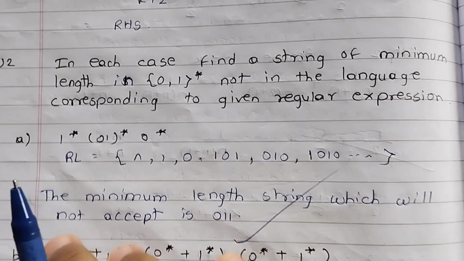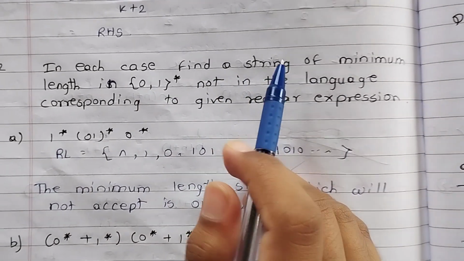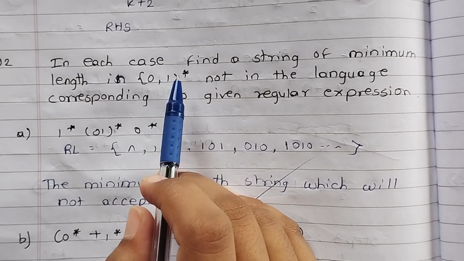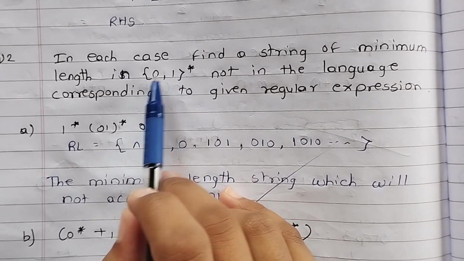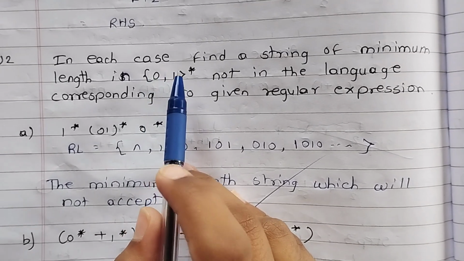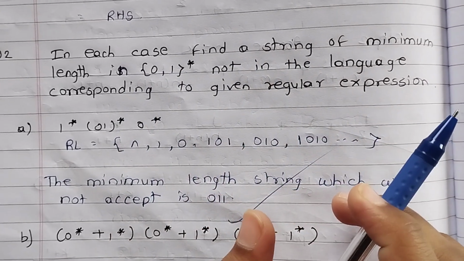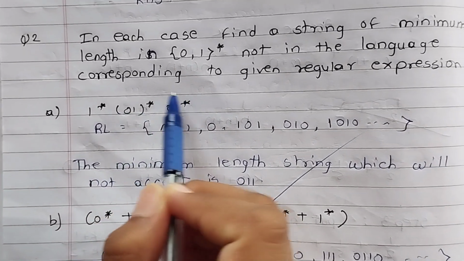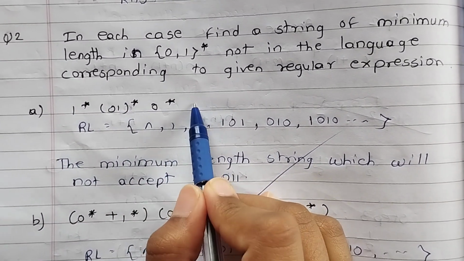So question number 2 is: in each case find a string of minimum length in {0,1}*, meaning the symbols are now 0 and 1, not AB, not in the language corresponding to the given regular expression. So what we write with A star or A plus, this is a regular expression.